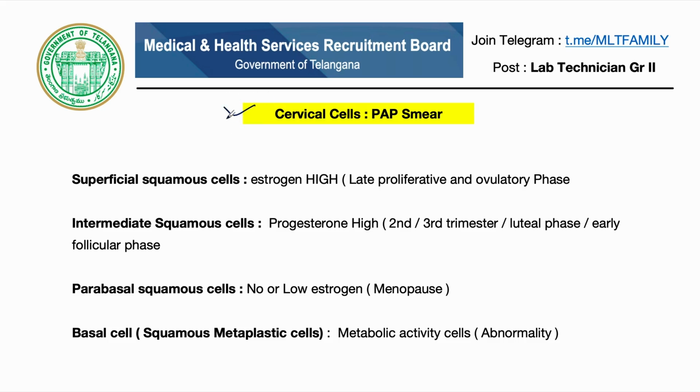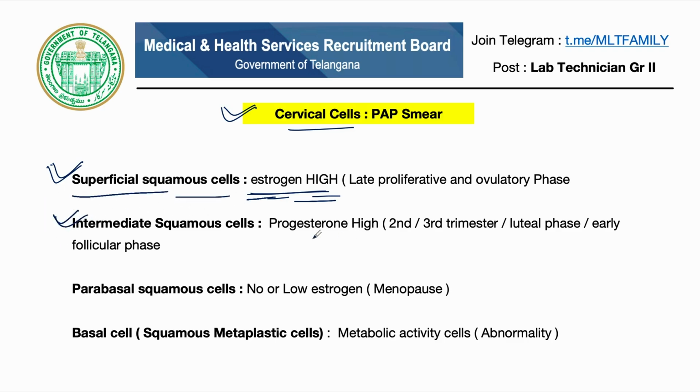Now in a Pap smear there are cervical cells. There are four important normal cervical cells you have to look at, because in some exams you will get questions on these cells. Superficial squamous cells in abundance show the presence of high estrogen in a female.